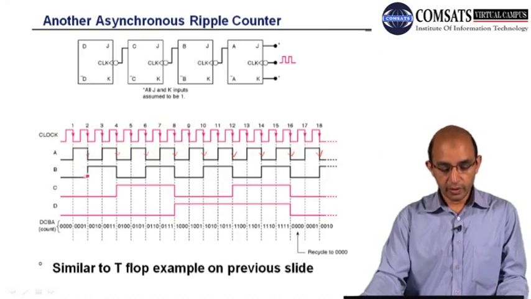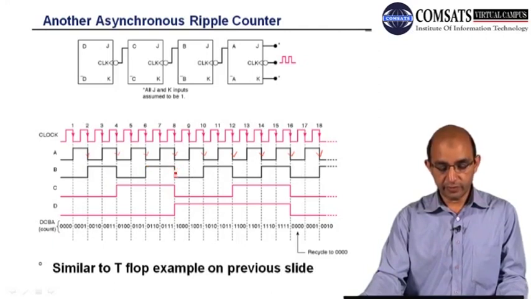Before I had taken this as the clock, now this is my clock. JK 11, so if I start from 0, I assume that this is 0, then it has to toggle on the active or falling edge. It will remain till the next active or falling edge arrives. So here we have a toggle to 1, and this one will remain 1 till the next falling edge arrives.